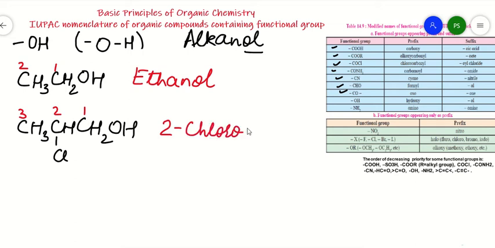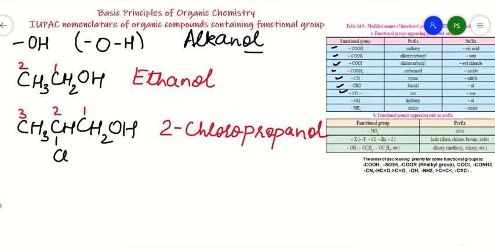In the chain there are 3 carbons with 1 -ol. So this is how we write the name of a compound containing the OH group.